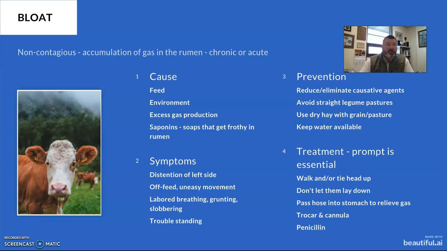And then there's a process called trocar and cannula, which is basically you are passing a sharp object into the rumen cavity and then pulling it out with a cannula left in there, and that will help the gas expel. And then finally, you'll want to support them with some penicillin treatment.